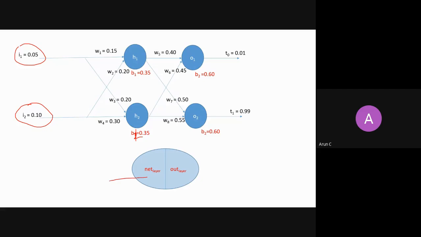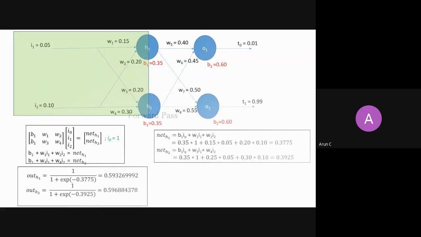Here, rather than ak, it is written net of the layer, what is going inside the layer, the net input. And rather than zj, it is written out of the layer. Let's go to the forward pass, which you are good at. You just do everything in matrix form.